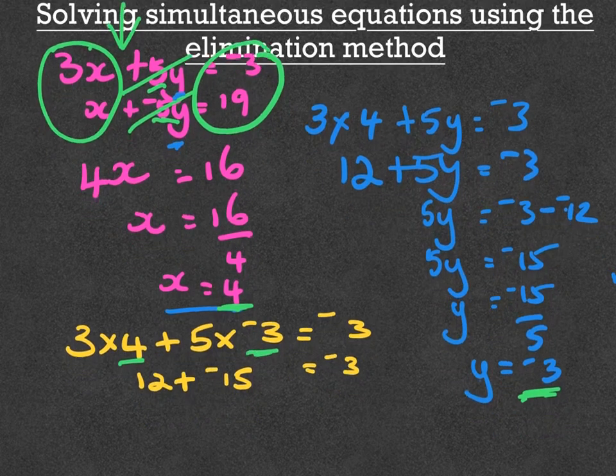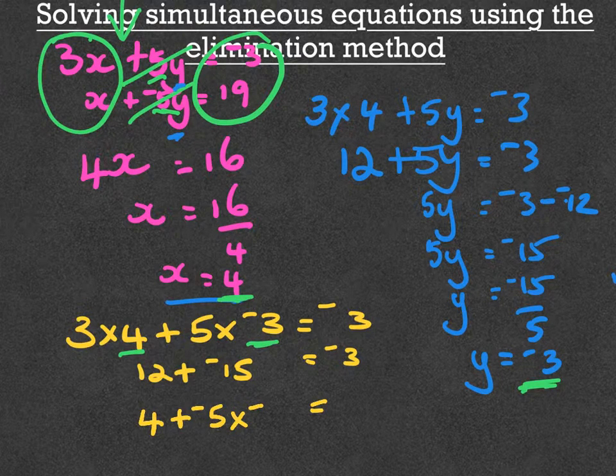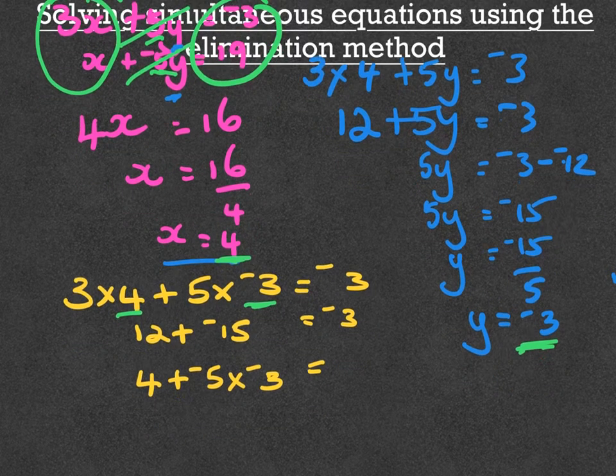Now let me move this up slightly. Let me solve for the other equation just to double check that we've done it right. So in this case, we will have 4 plus negative 5 multiplied by negative 3. Let me move this up a little bit further.